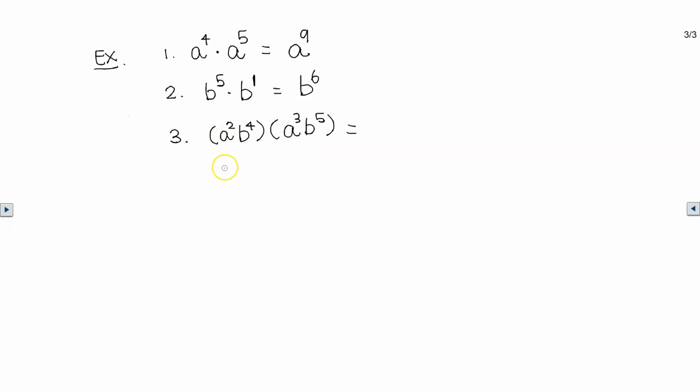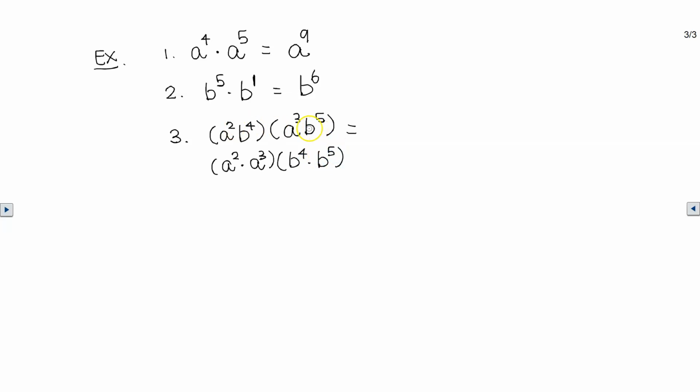And what you'll do is you'll just multiply the bases that are the same. So to rearrange this a little bit, what I would actually want to do is multiply the a to the 2nd times the a to the 3rd, as well as the b to the 4th times the b to the 5th.